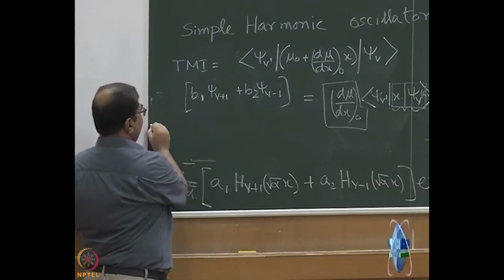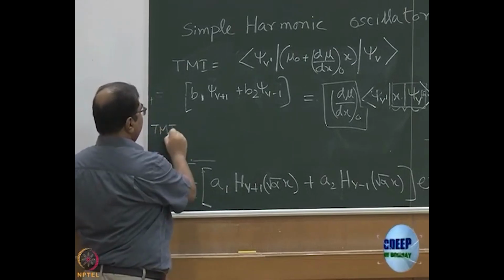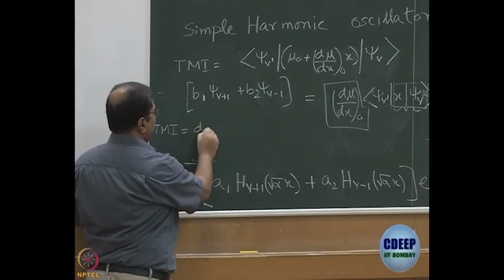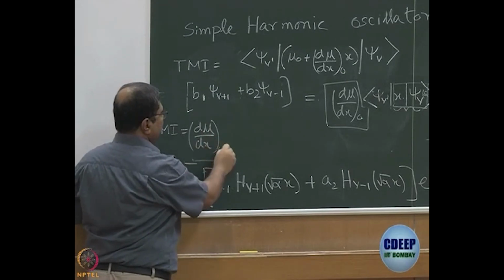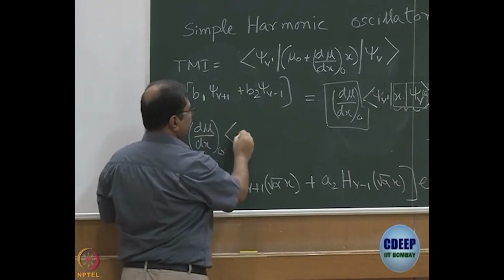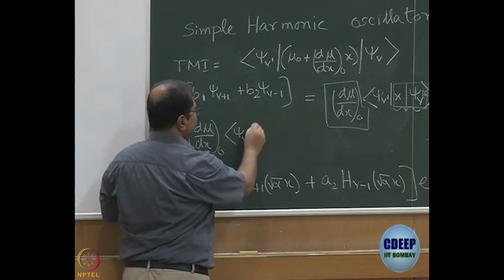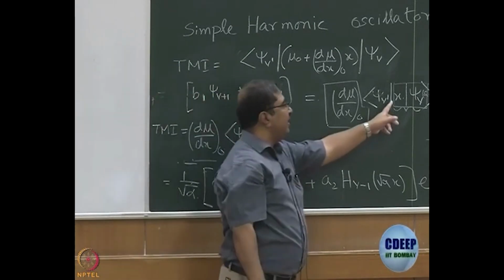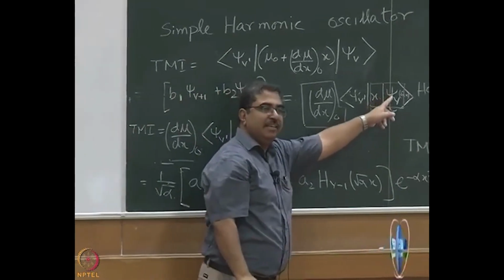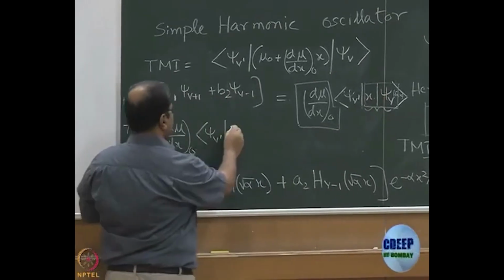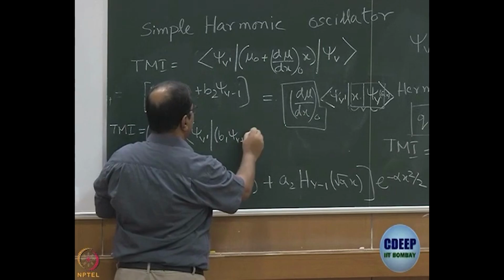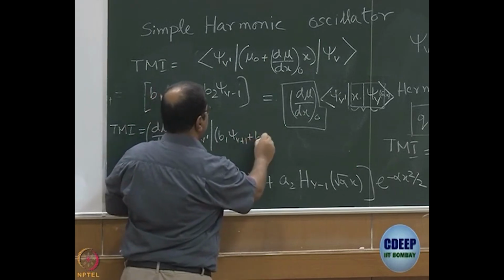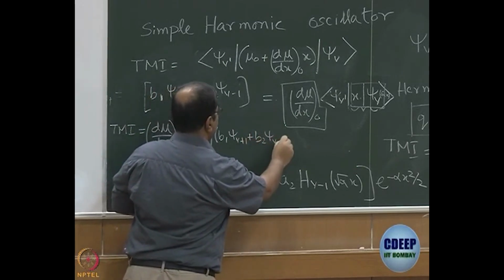So what is TMI? The transition moment integral boils down to d mu dx at equilibrium position multiplied by, in the bra vector you still have psi v dash, in the ket vector instead of x multiplied by psi v I can write b1 psi v plus 1 plus b2 psi v minus 1.